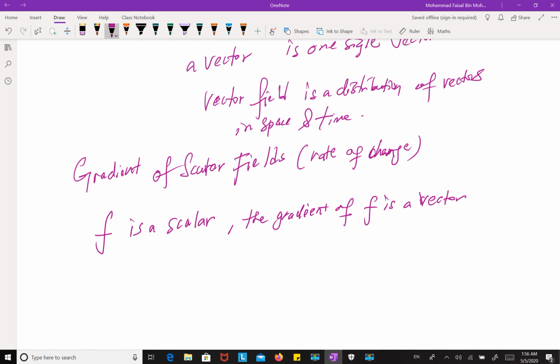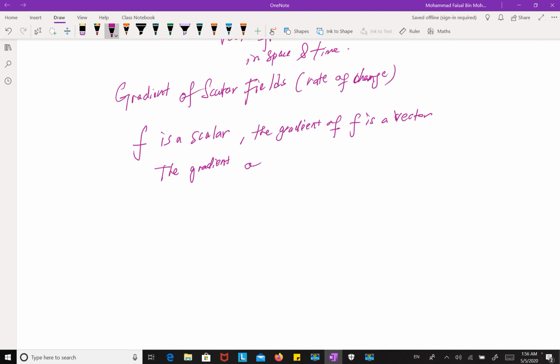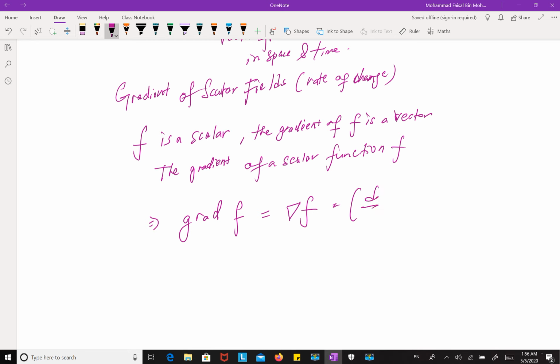The gradient of a scalar function f is equal to grad f, written like this: del over del x i plus del over del y j plus del over del z k, times f.